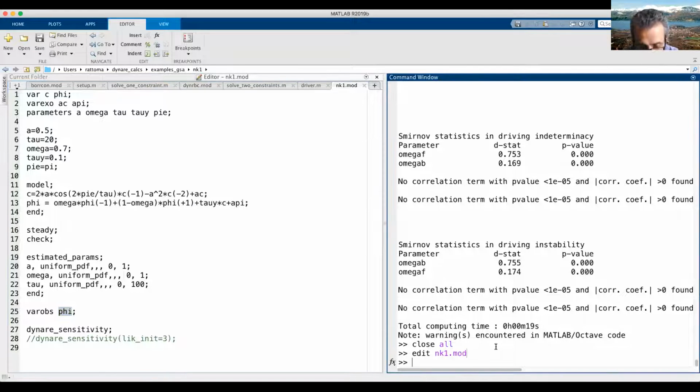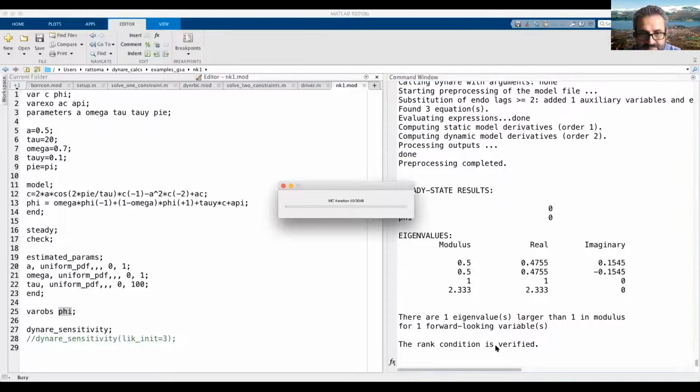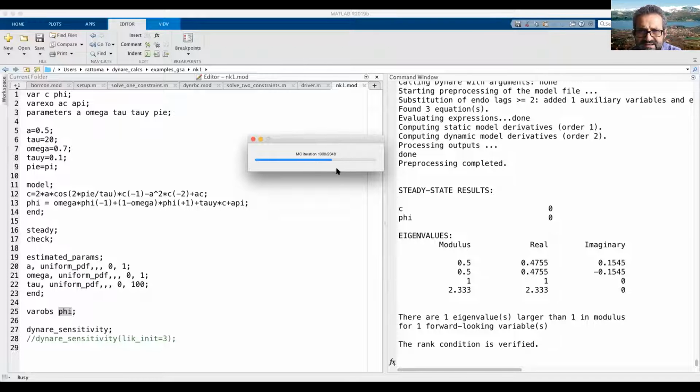Okay. So then, what's happening if you run Dynare on K1? It starts the Monte Carlo iteration. Probably you just see a gray window here, or even nothing.